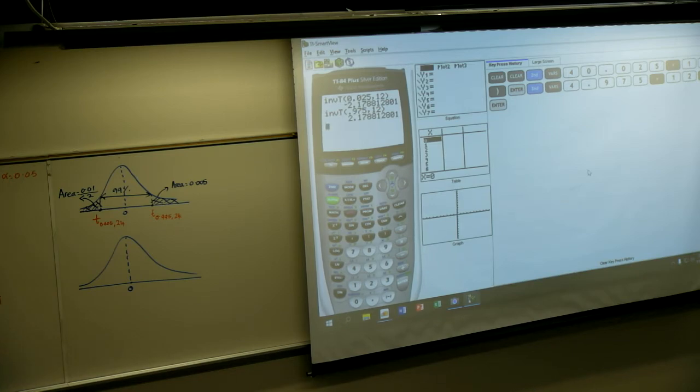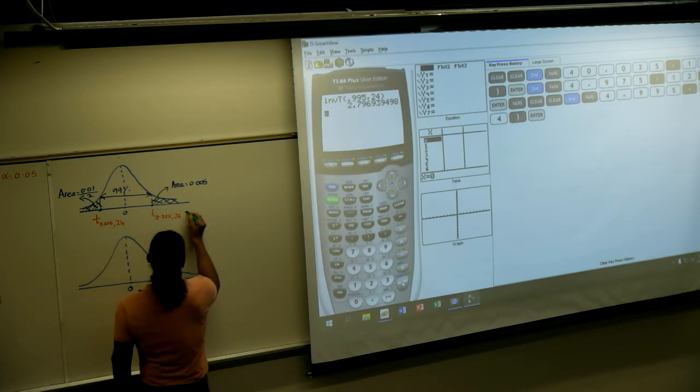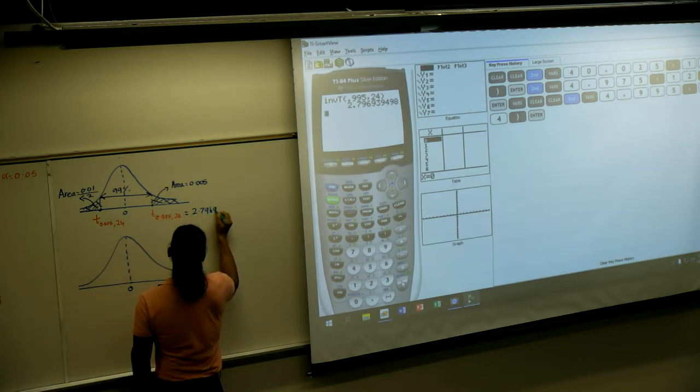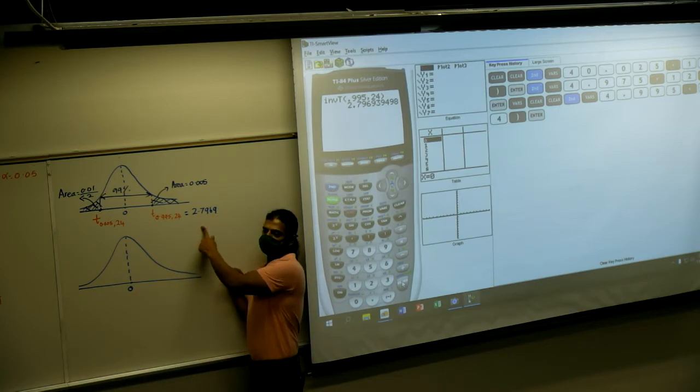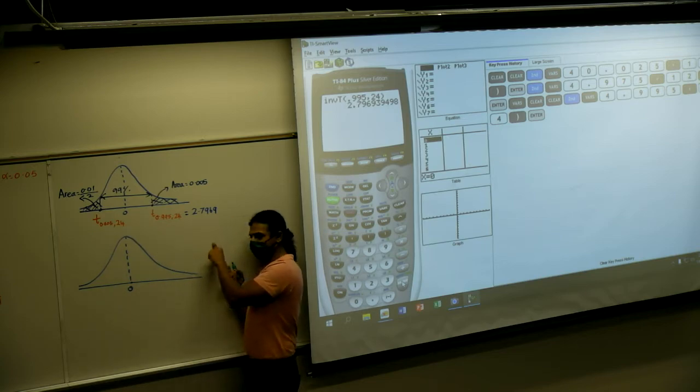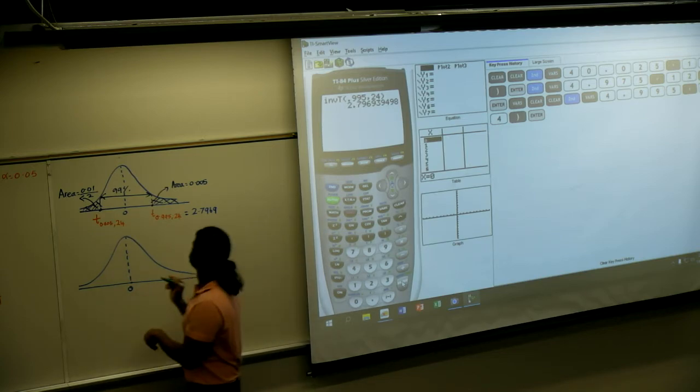So in your calculator, all you have to do is put in those values like the way you see it. So second, 2.7969. If it is 2.7969 on this side, what would the value be on that side? Negative.